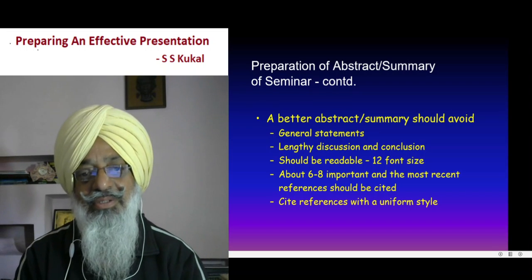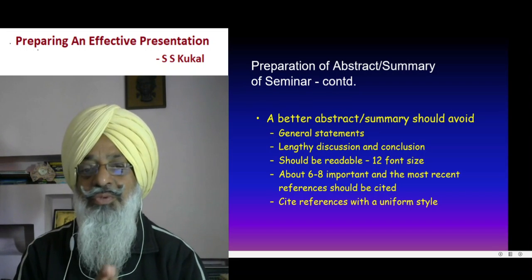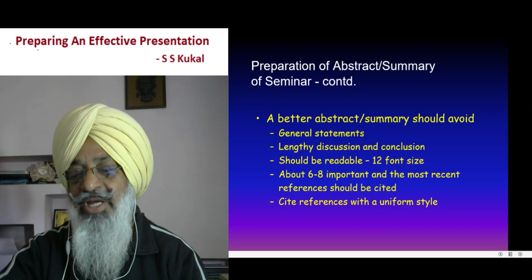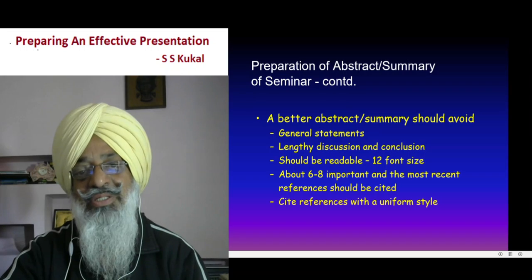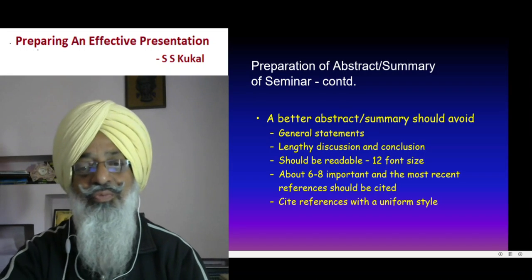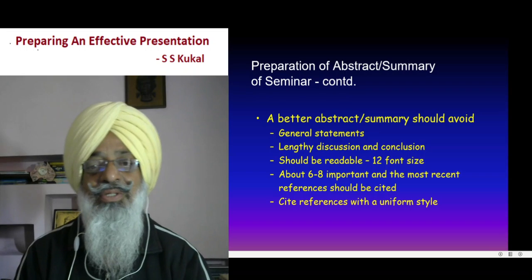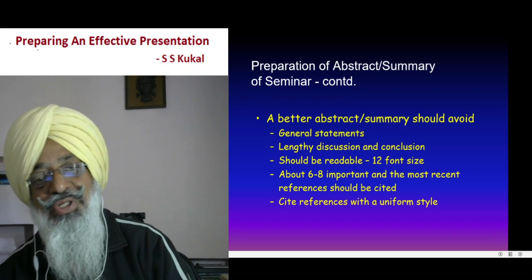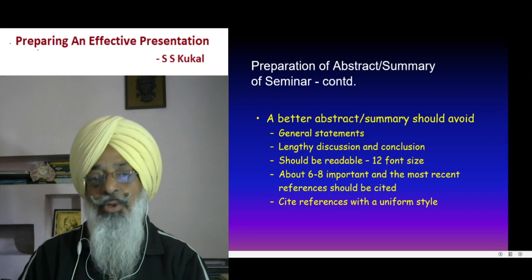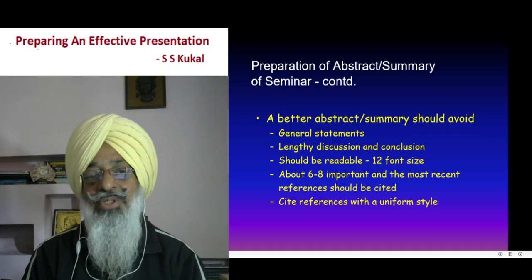The abstract should be readable, at least 12 font size, because many people would love to read it maybe without their specs or even with specs. So 12 font size is the ideal one. And 6 to 8 important and most recent references could be cited. This is optional, because it depends.